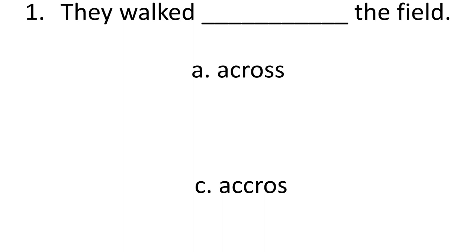Option A, ACROSS, B, ACCROSE, and C, ACCROS. The right answer is ACROSS, across. They walked across the field. Option A is correct.